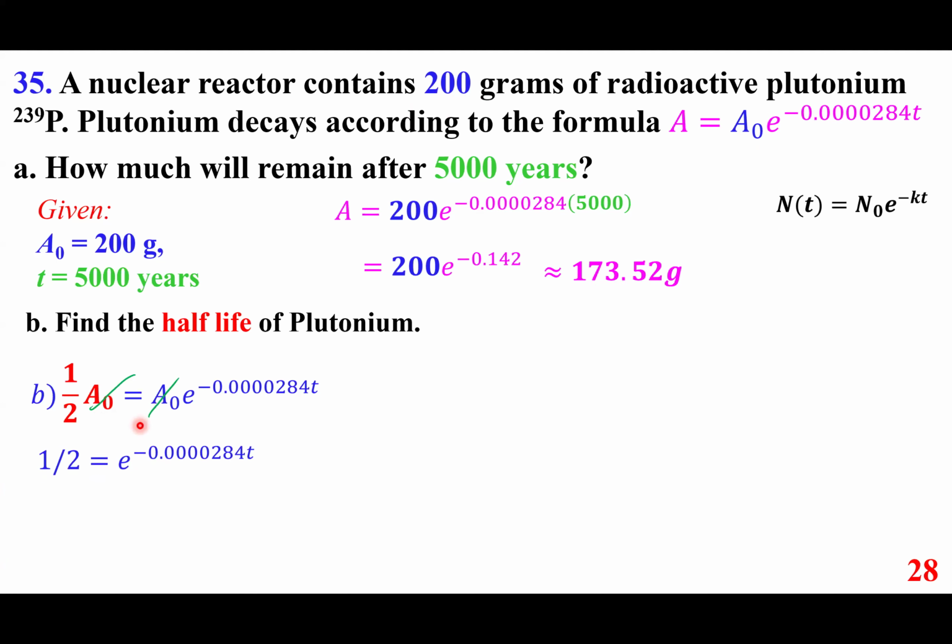And since I want to solve for t, and this has a base e, and I want to take a log, specifically, I'm going to take a natural log of both sides. Again, why natural log? Because the base is e on one side. On the left side is ln 1 minus ln 2, and the right side just becomes that.